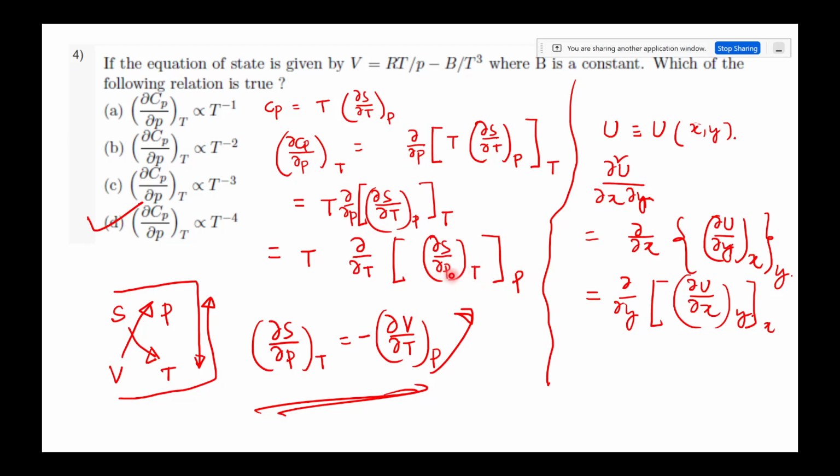Now del S del P at constant T can be written as minus del V del T at constant P because of the Maxwell relation. I have told you how to find the Maxwell relation.